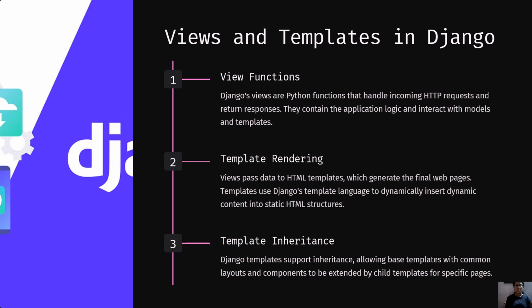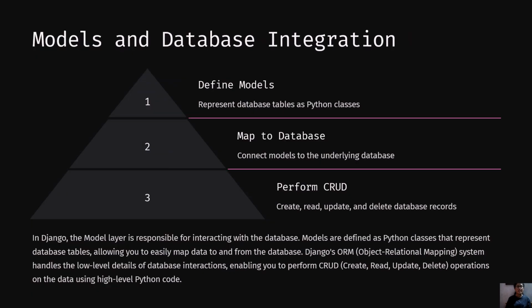Models and database integration. Define models: represent database tables as Python classes, map them to the database, connect the models to the underlying database, and perform CRUD: create, read, update and delete database records. In Django, the model layer is responsible for interacting with the database.